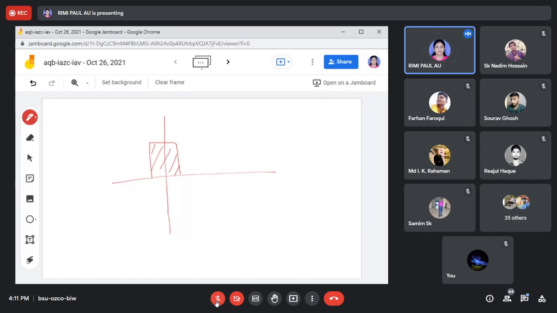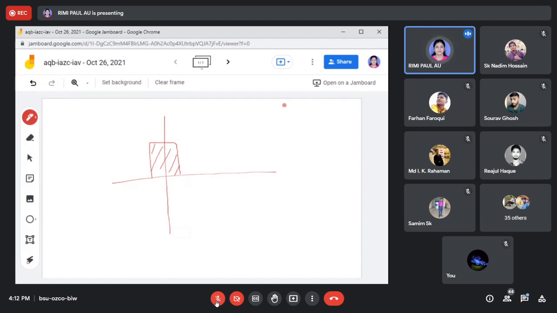Now suppose I am increasing the length. What will happen? Whatever happens, I have to keep the area of this signal constant. Now someone wants to increase the length of this signal. What will happen?